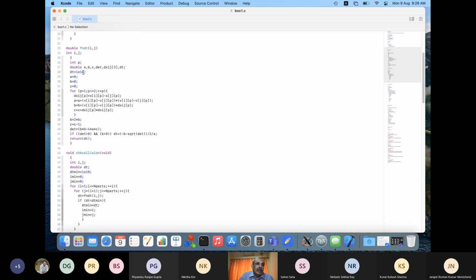Otherwise, it will keep a very large value of the time. Dt is initialized at 10 raised to the power of 10, so it's a huge value. It will return this value if there is no collision, but if there is a collision, then it will give you a value of dt. So this is this program.